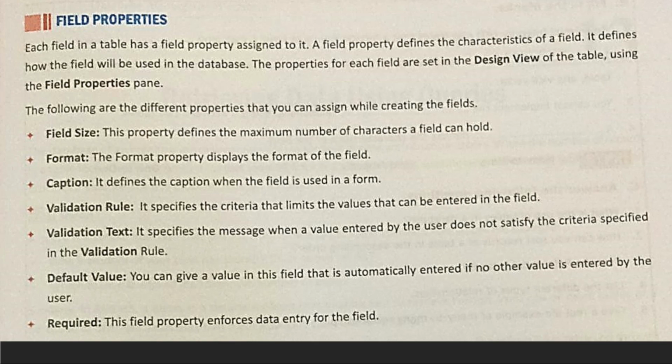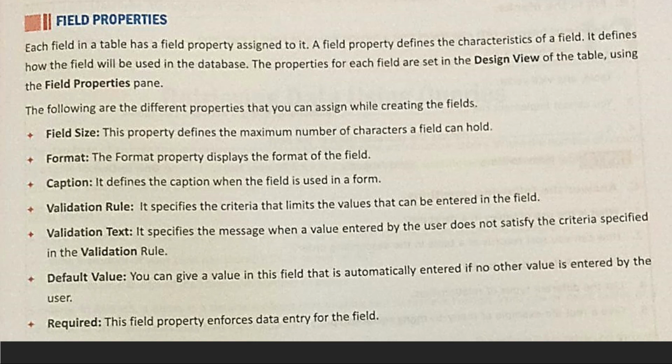And the validation text is what? It specifies the message when a value entered by the user does not satisfy the given criteria in the validation rule. That is the validation text. It means the validation rule and validation text are connected. Suppose you have set less than 5, meaning children who are less than 5 years old should not be inserted.